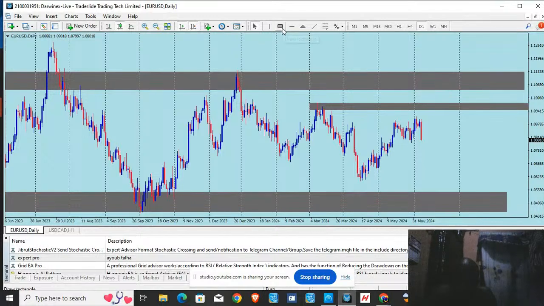There's another hidden demand zone. When the market was going up, it came down here. It went up, it came down, it couldn't cross here, it still went up again. So we can identify here.